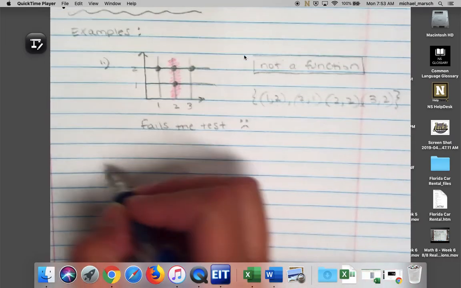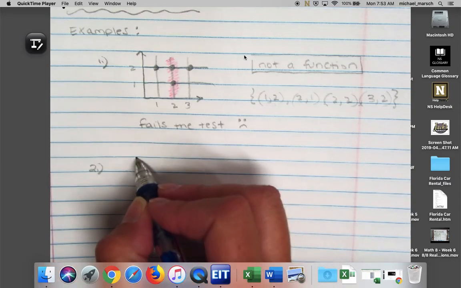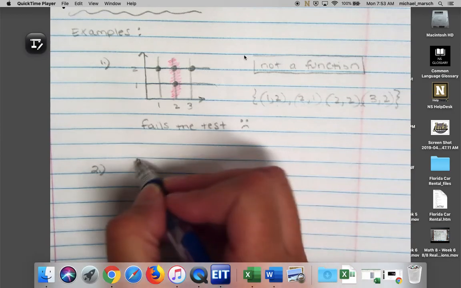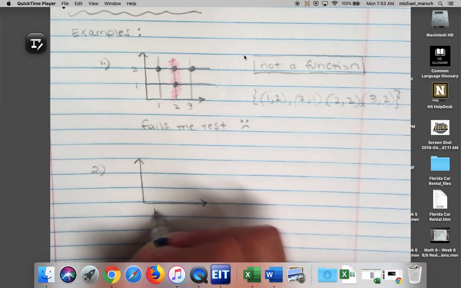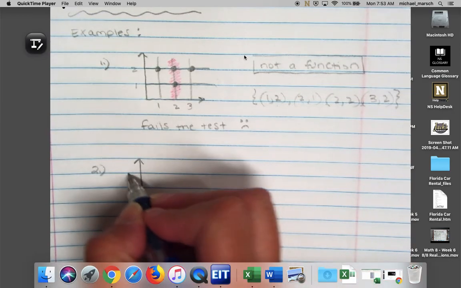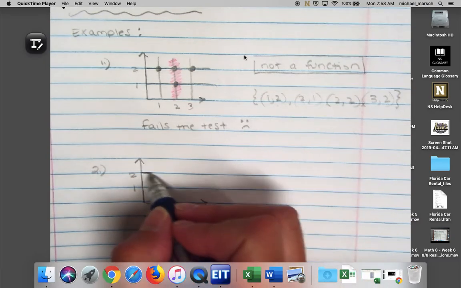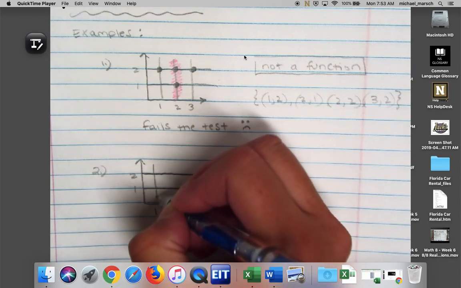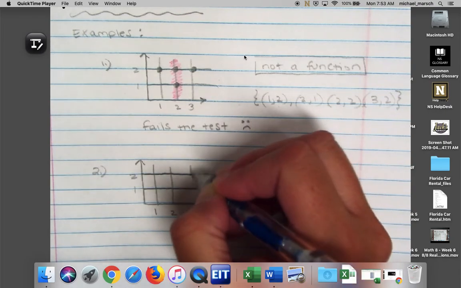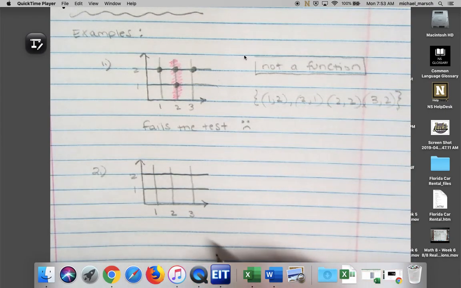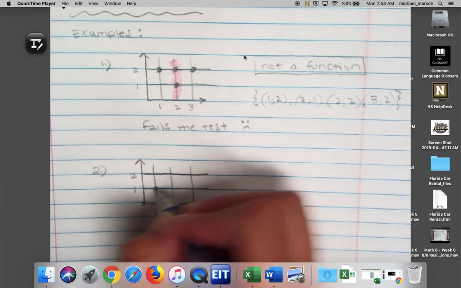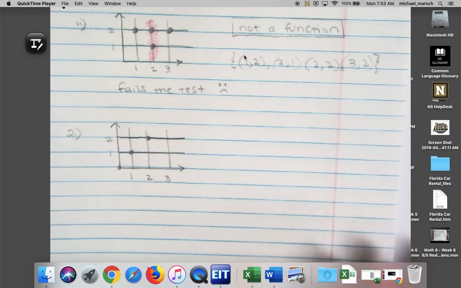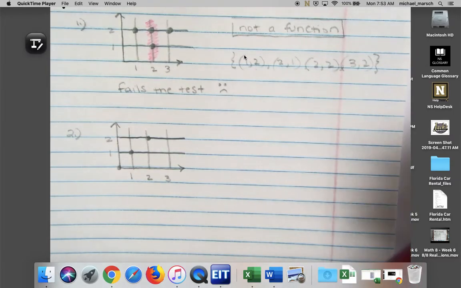So let's do another example similar to this. Let's go ahead and draw a beautiful graph. We've got our x-axis and our y-axis. Okay, so I'm going to just put some points on here. Right. So when I look at this graph and I ask myself, does it pass the vertical line test?